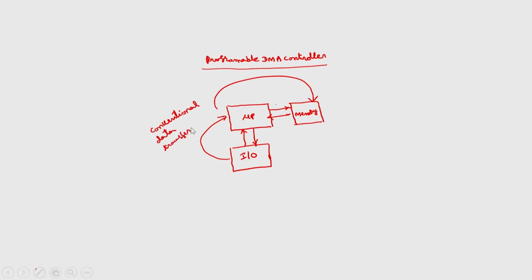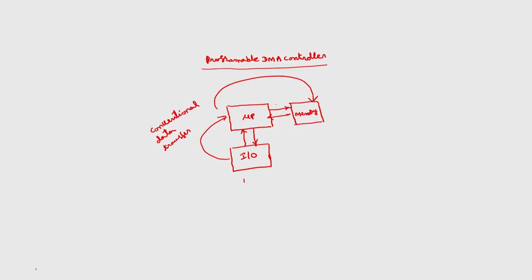But the drawback of this conventional data transfer scheme is, if I use a fast I/O device, such as a floppy disk or hard disk, or an optical disk such as DVD or CD, the rate of data transfer from the I/O is very fast.